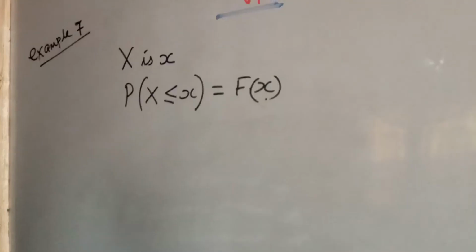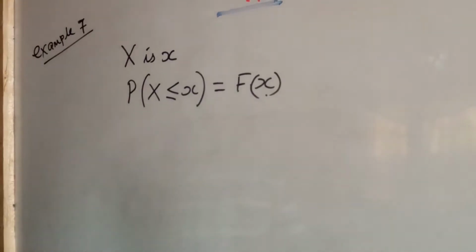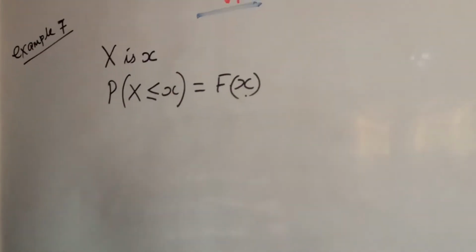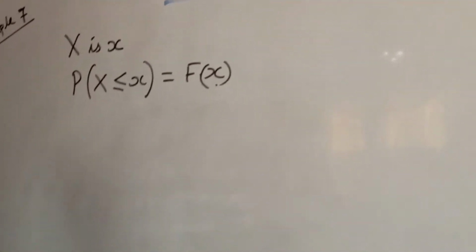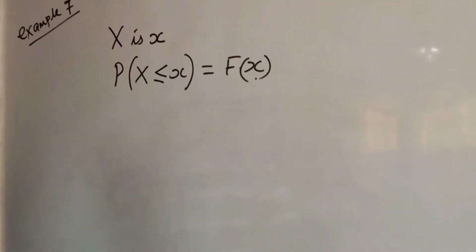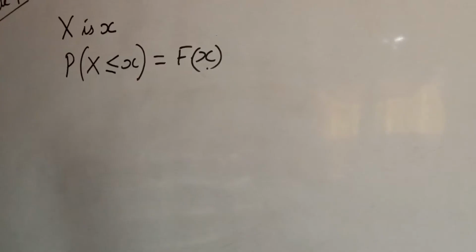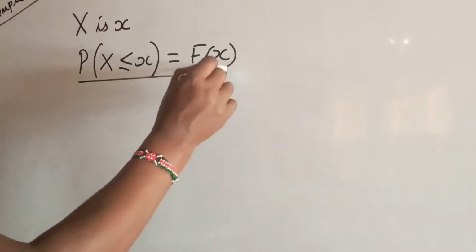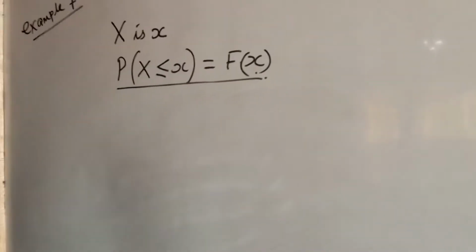And F(x) is found by adding together all the probabilities for those outcomes that are equal to or less than x. And of course, this is how it is written.